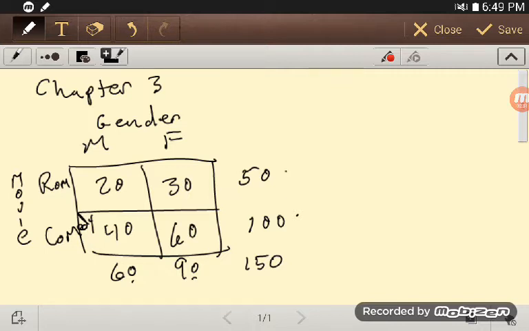Now, as you look at this, the question we ask is, does the gender seem to matter? And if these were our data, or does the movie choice matter? You can think of it either way, but if these are our data, notice that if I were to ask, if I knew a person's gender, would that change what I think they would choose?